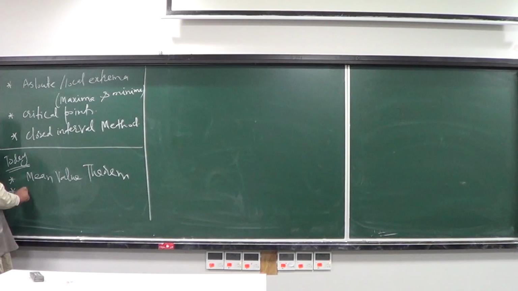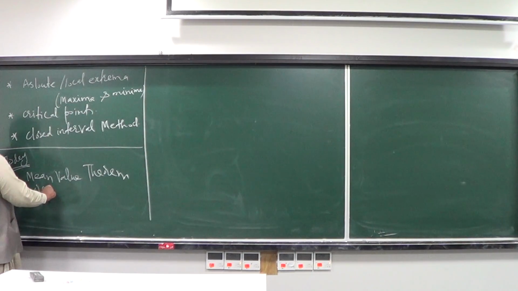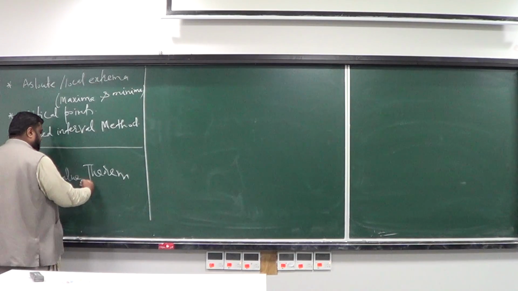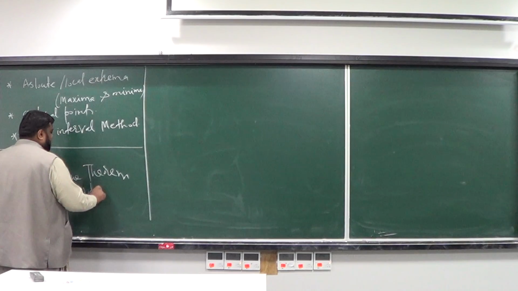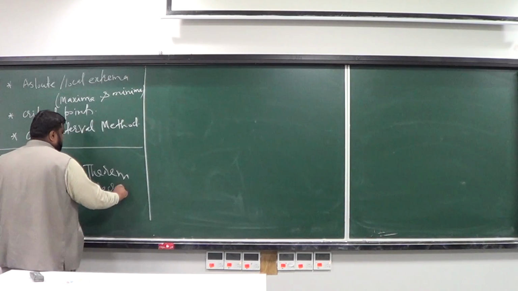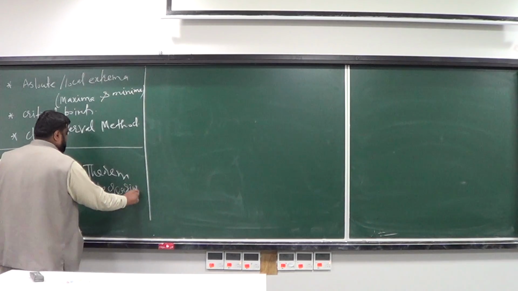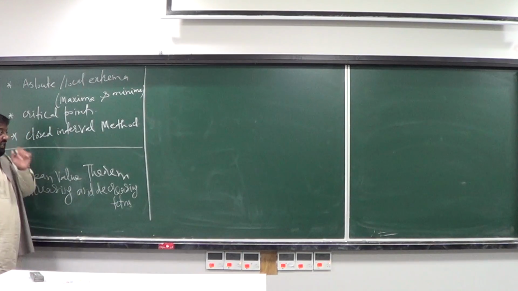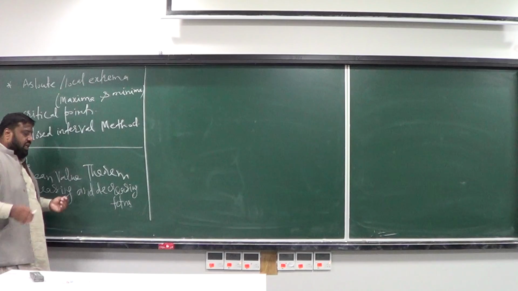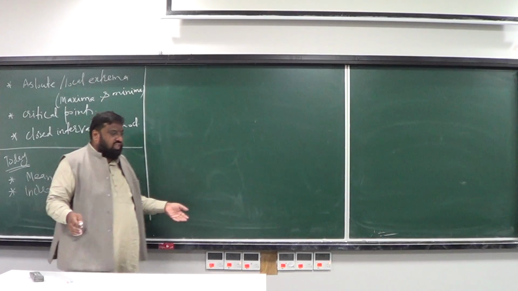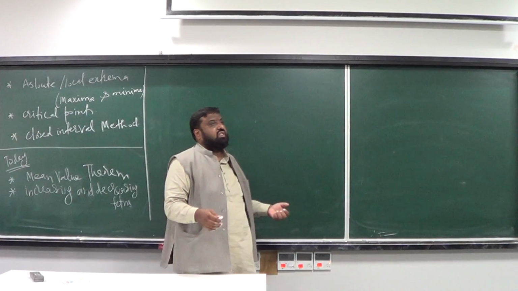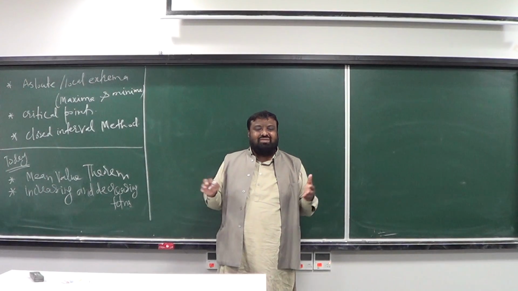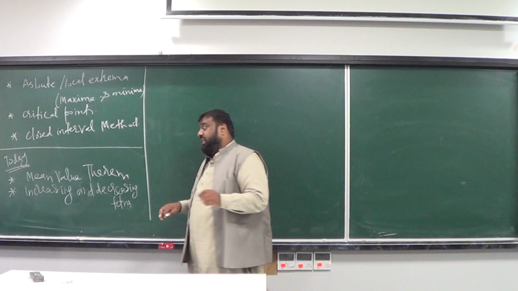Then we will talk about increasing and decreasing functions. We already know a little bit about when a function increases and when it decreases, but today we will see that if you know on what part of the interval the function is increasing and decreasing, then you can make a rough sketch of that function.